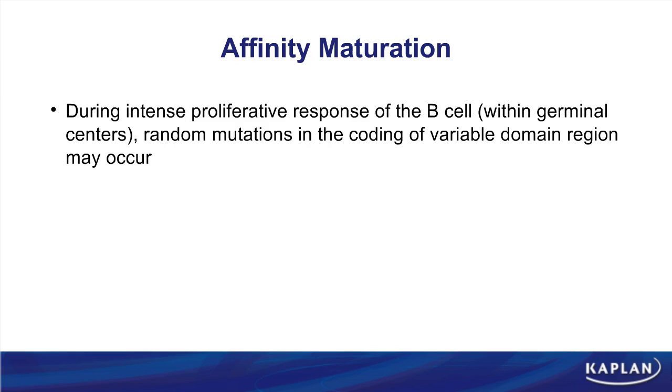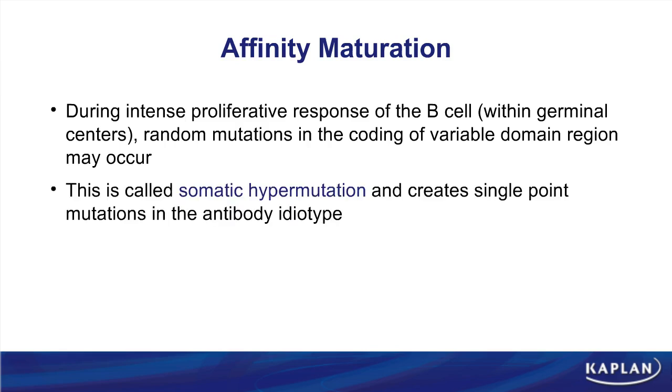Well, during this intense proliferation where we need cells fast, we do get random mutations that the DNA polymerase really can't handle. These mutations occur in the variable region of the immunoglobulin molecule. This process is called somatic hypermutation, where we get these point mutations in, recall, the idiotype of the antibody, which is created by the variable regions of the heavy and light chain coming together.